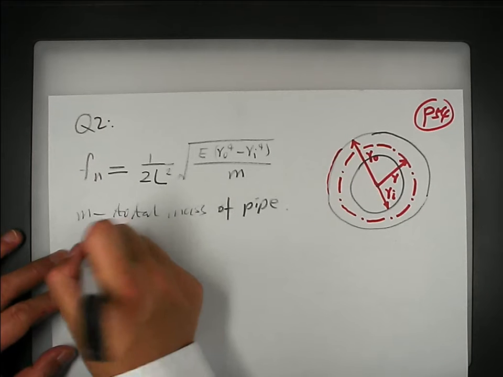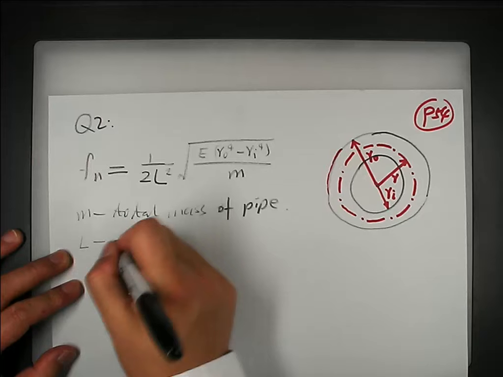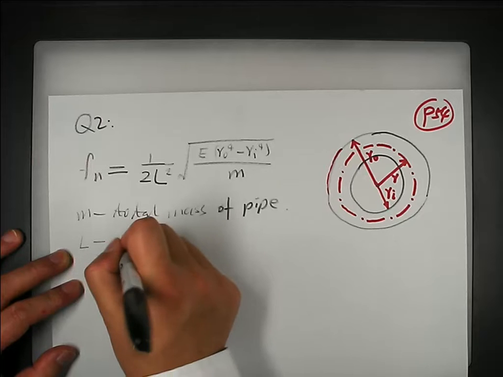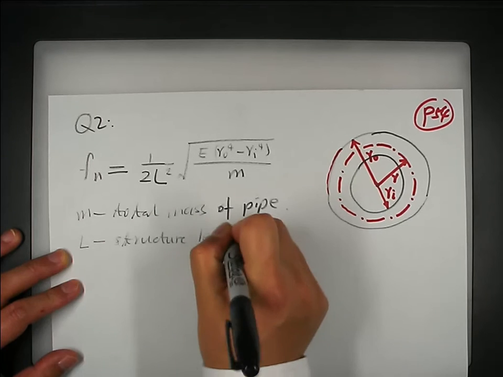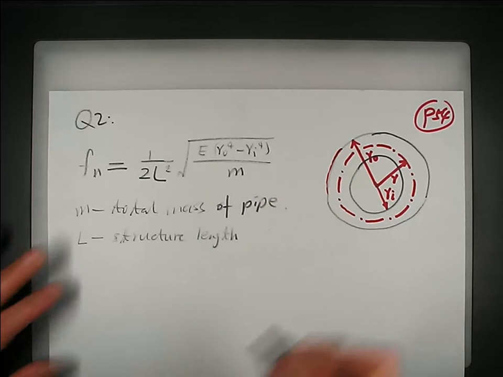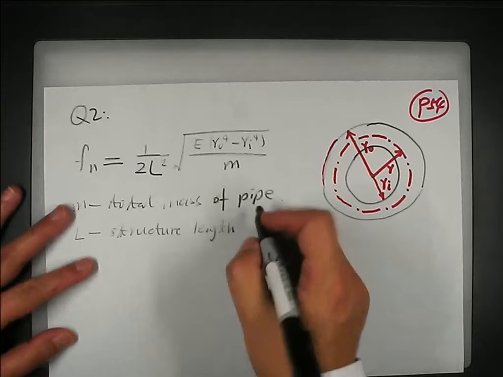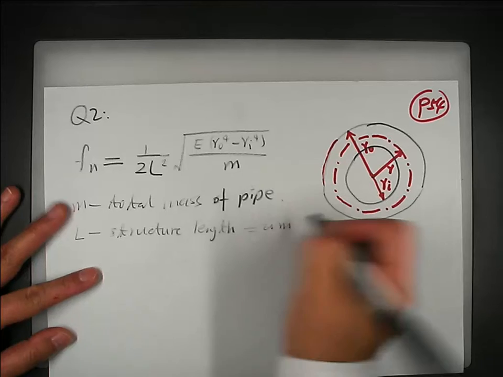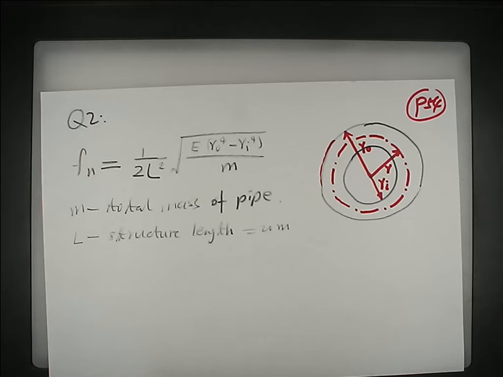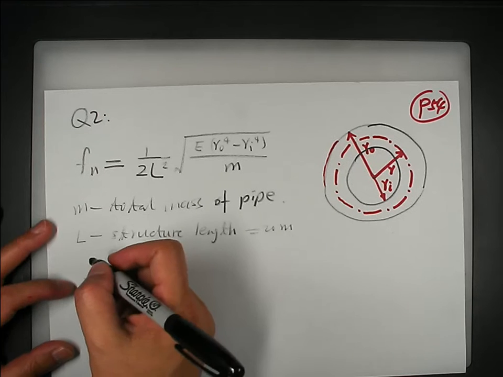L is the length of the structure. Structure length is equal to 20 meter. The total mass of the structure I will define a moment later.